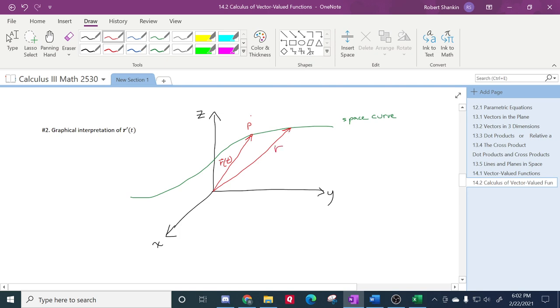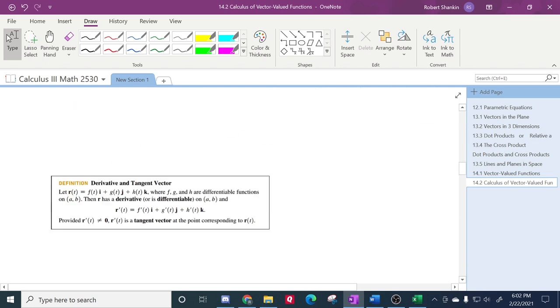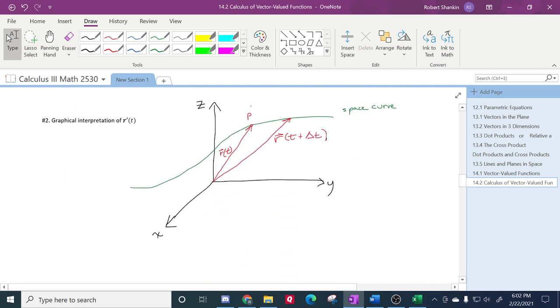And this might be R of t plus some small amount like delta t. Okay, so very similar to the graphical interpretation over here, x plus h, t plus delta t. But we have these vectors emanating from the origin in this case.